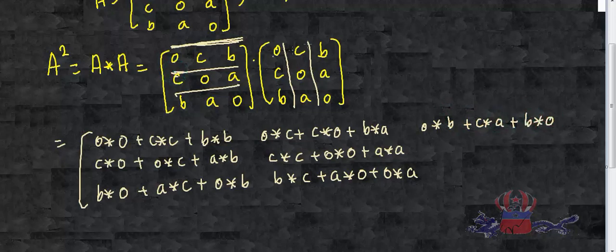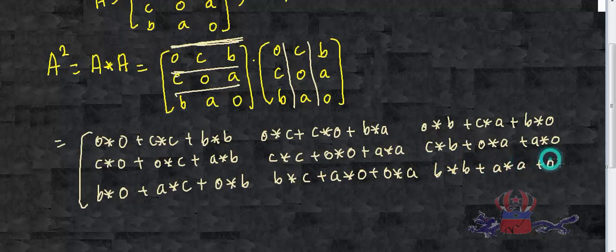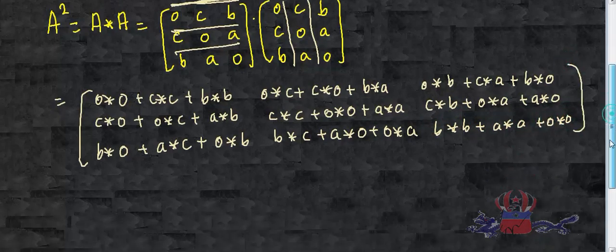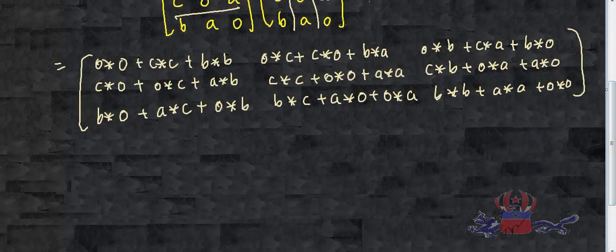Second row with the last column, C multiplied with B plus 0 multiplied with A plus A multiplied with 0. Third row with the last column, B multiplied with B plus A multiplied with A plus 0 multiplied with 0. Now you need to sum up these elements and represent them in matrix form.